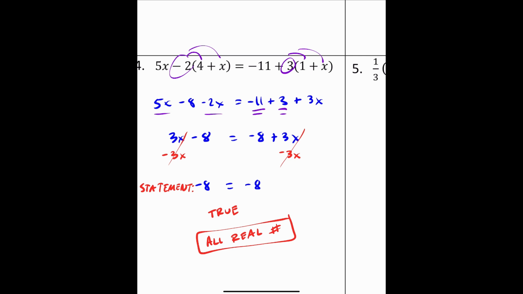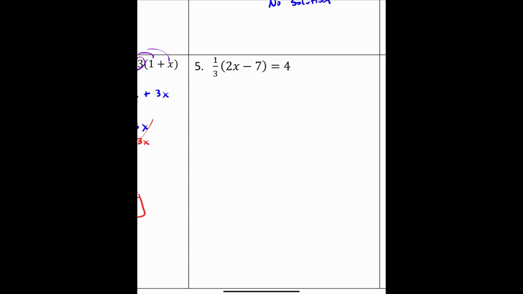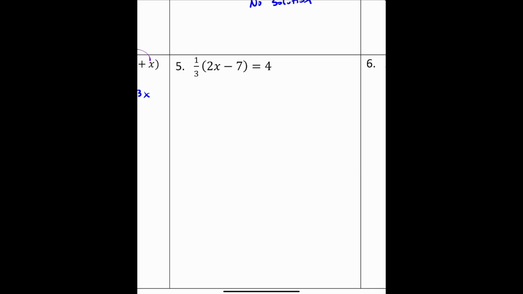You'll see it, okay? All right, let's move on to number 5 here. We have 1/3 times the quantity of 2x minus 7 is equal to 4. Notice that we have a fraction in front of the parentheses. What I want to do is get rid of the fraction. And how we do this is by multiplying both sides by the reciprocal of that fraction.